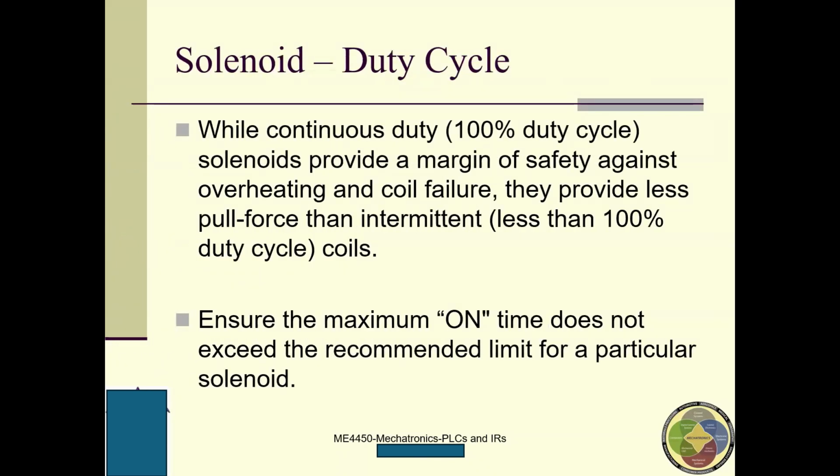While continuous duty, 100% duty cycle solenoids provide a margin of safety against overheating and coil failure, they provide less pull force than intermittent ones. So it ensures the maximum on time does not exceed the recommended limit for the particular solenoid. And pay attention to the heat.